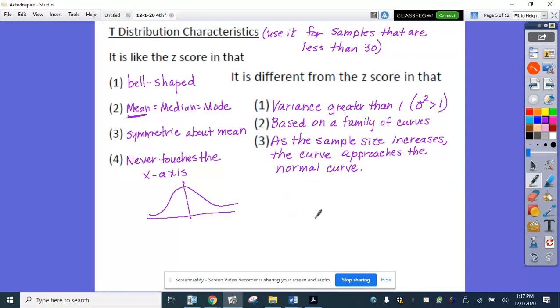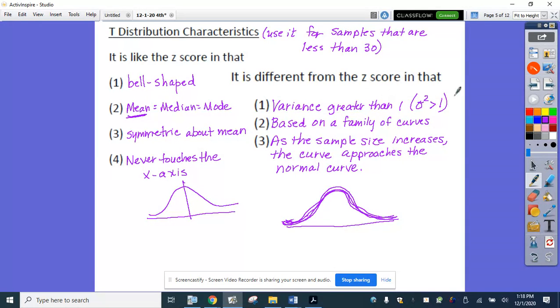So basically what I'm saying is when I have a t-test, I don't just have one curve, I have a bunch of them, and they may be close to each other. Because the variance is greater than 1, I may have one that's not exactly right, but I have this family of curves.